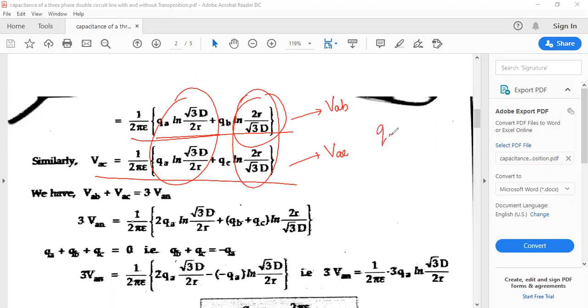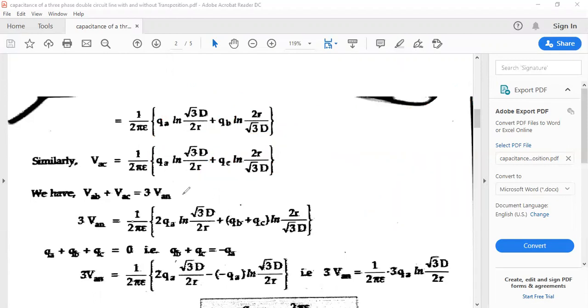So QA plus QB term will be there for VAB, and the second term for VAC is given as QA plus QC. So these are the terms for VAB and VAC.